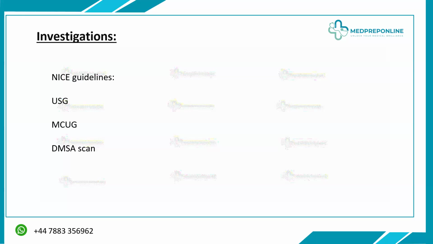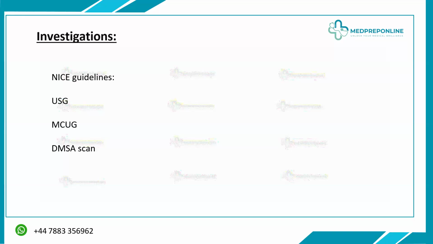And if age is 6 months to 3 years and child is having atypical or recurrent UTI, you have to get a DMSA scan done. And if the age is more than 3 years and child is having recurrent UTI, then you have to do the DMSA scan. So DMSA scan we generally do 4 to 6 months after the UTI.